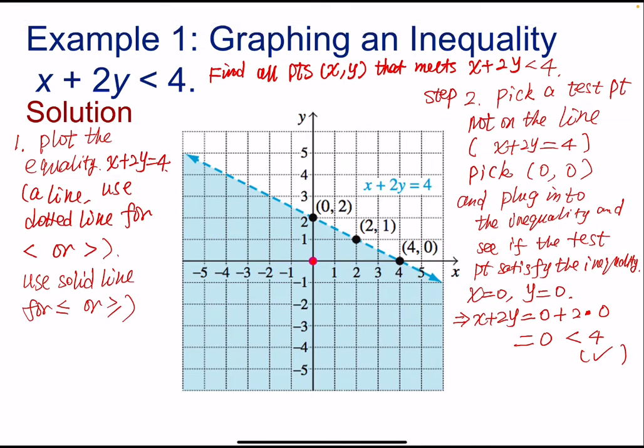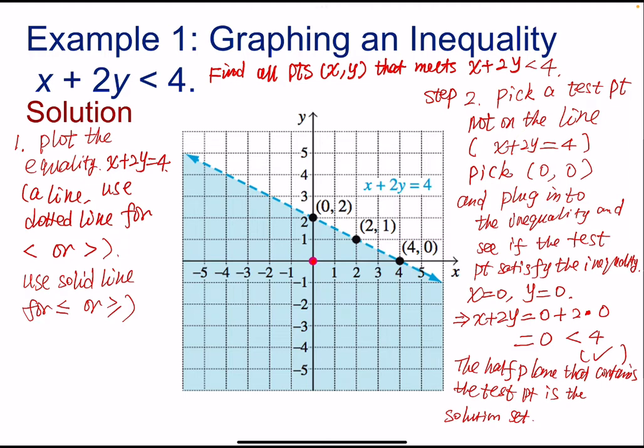The test point satisfies the inequality, which means that the half plane, because the line separates the entire plane into two half planes, and since the origin is on the side below the line, the half plane that contains the test point is the solution set.